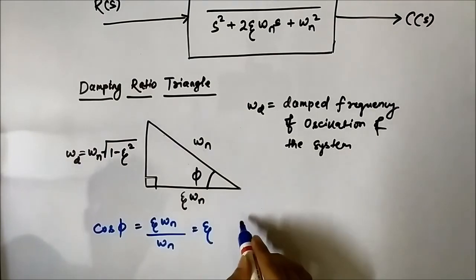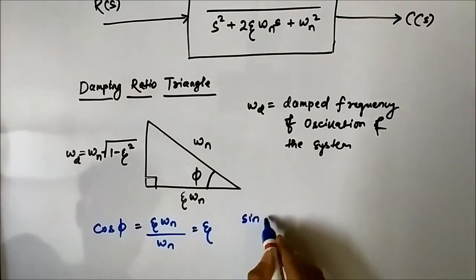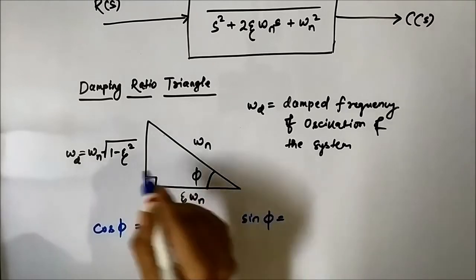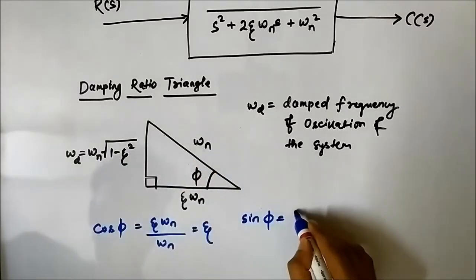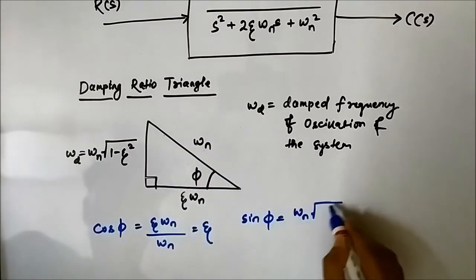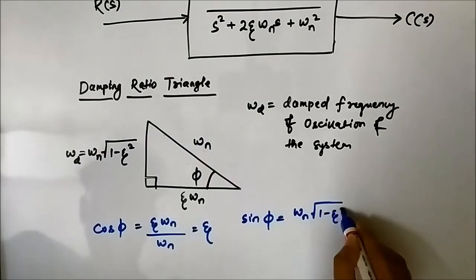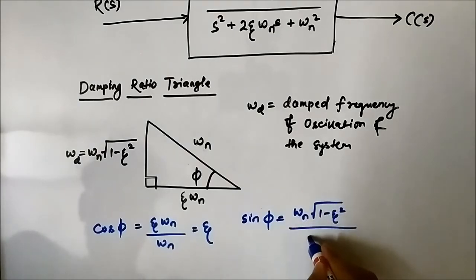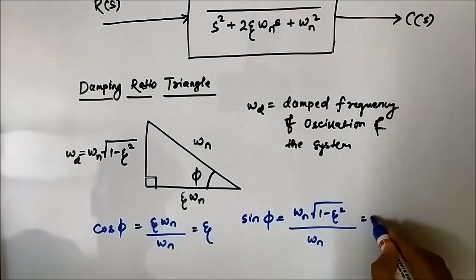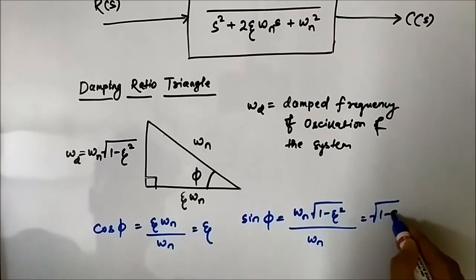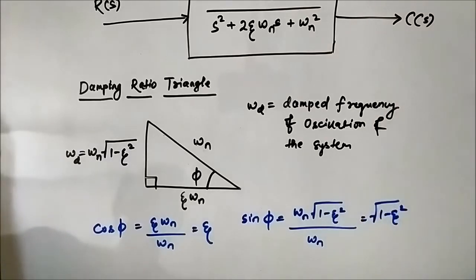Sin phi is perpendicular by hypotenuse, which is omega n into root over of 1 minus zeta square by omega n, which is root over of 1 minus zeta square.